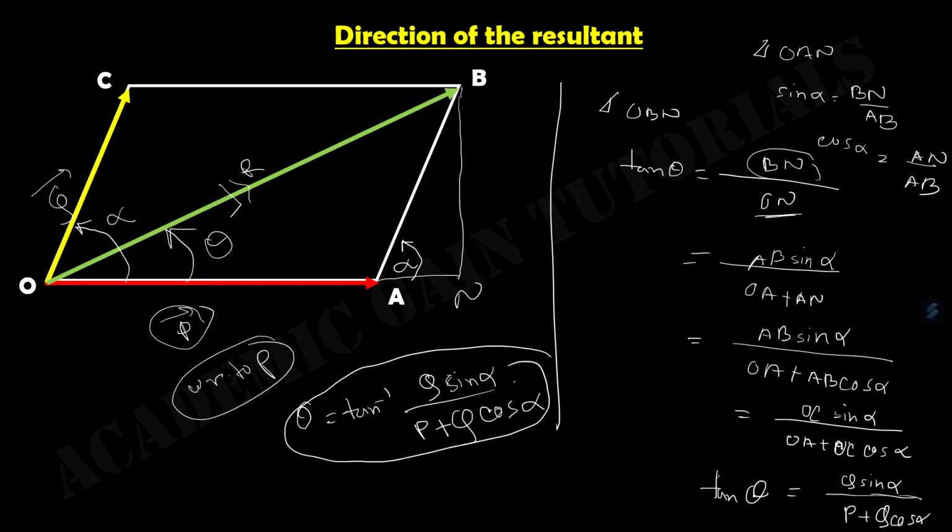This theta represents the angle between the resultant vector R and our respective vector P. So with the help of this formula, we can find out the direction of the resultant.